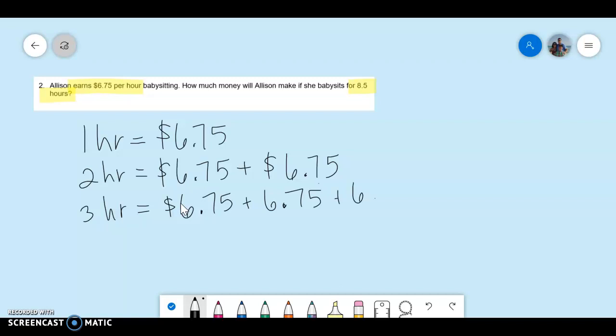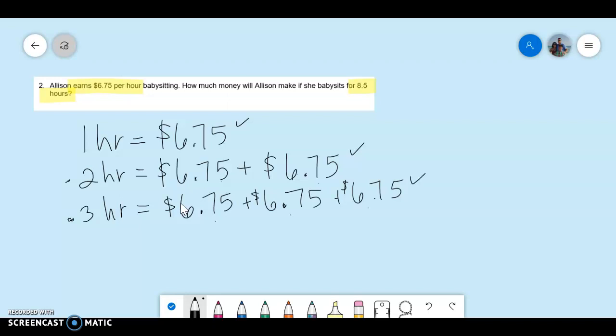3 of these $6.75. Well, if you can see, there's a pattern. If I work for 1 hour, I get one $6.75. But if I work for 2 hours, I get 2 times $6.75, once, twice. And if I work for 3 hours, I get 3 times $6.75, 1, 2, 3.